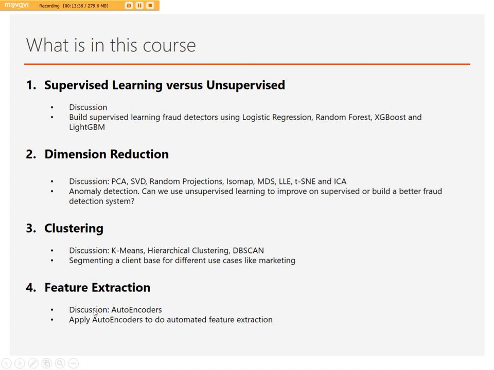But with feature extraction, using things like autoencoders, you can let the autoencoder learn the structure of the dataset and come up with its own features to represent the dataset in a way that makes your algorithm at the end perform better, without you having to do all the feature engineering yourself. You can do auto feature engineering, and that's what we'll be learning in that section.